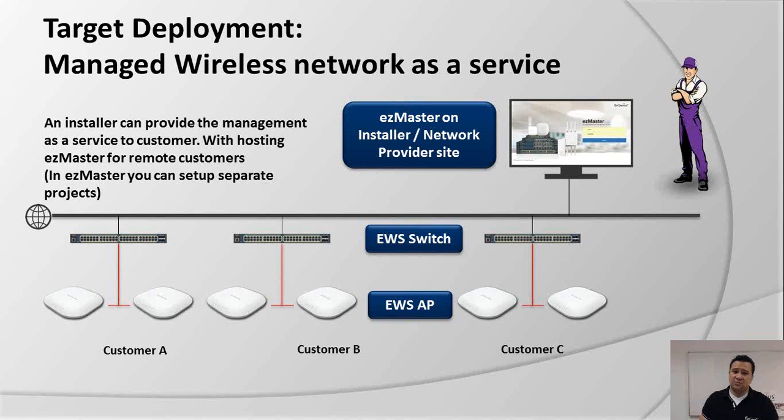An installer can provide the management as a service to his customer. And with hosting ezMaster for remote customers, you can separate different projects and supply the wireless service for different kinds of customers.